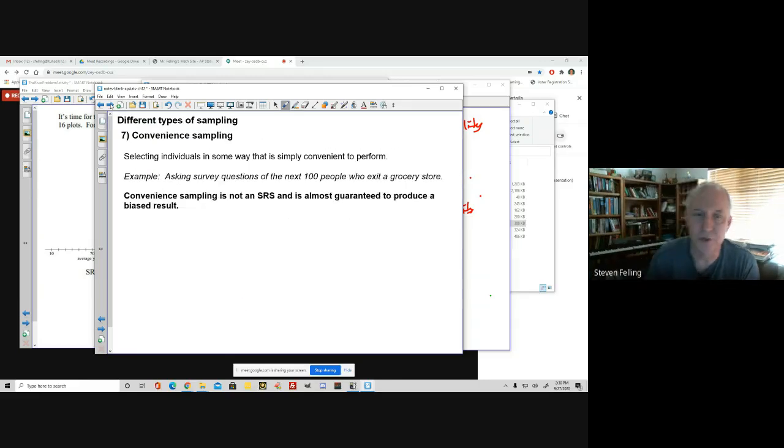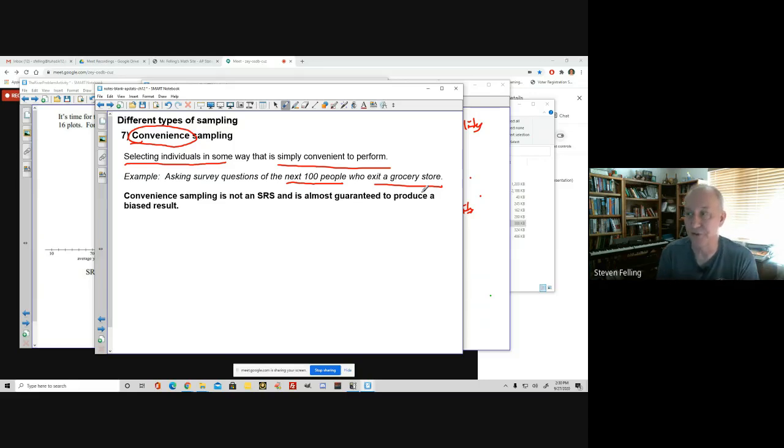And then the last one, which should never be done, is something called a convenience sample. So convenience sample is just when the researchers select individuals in some way that's just convenient for them, the researchers, to do. So for example, let's say that you want to ask a survey, right? So you just go on one day at one time of day and you just ask the next 100 people who exit one grocery store what they think.